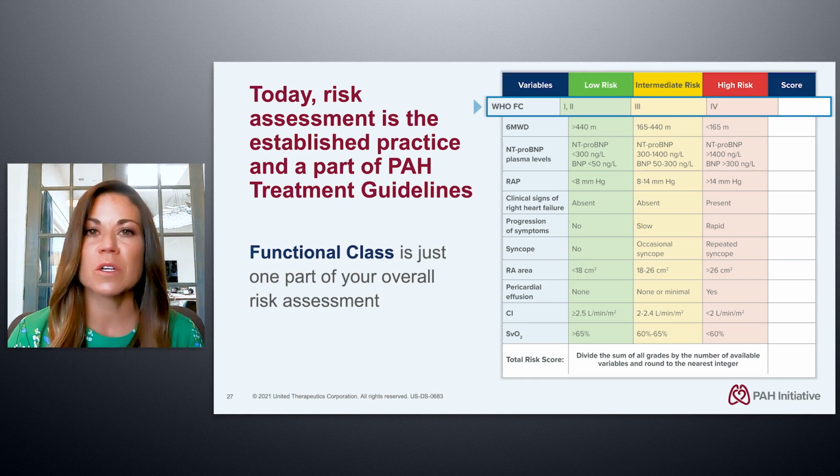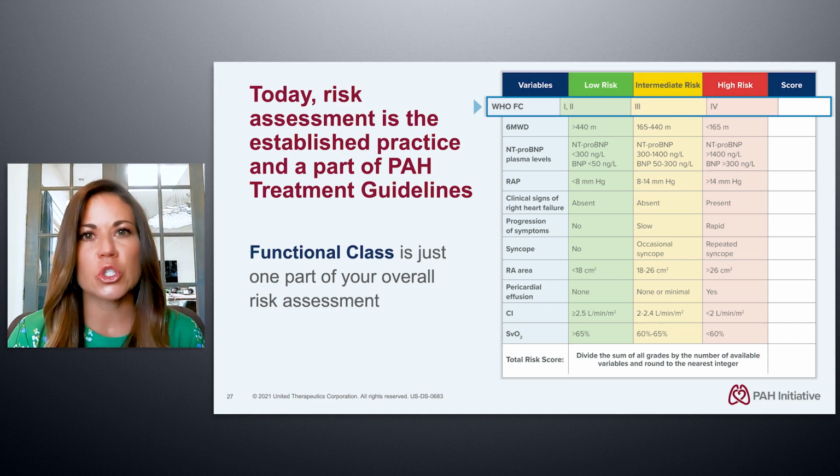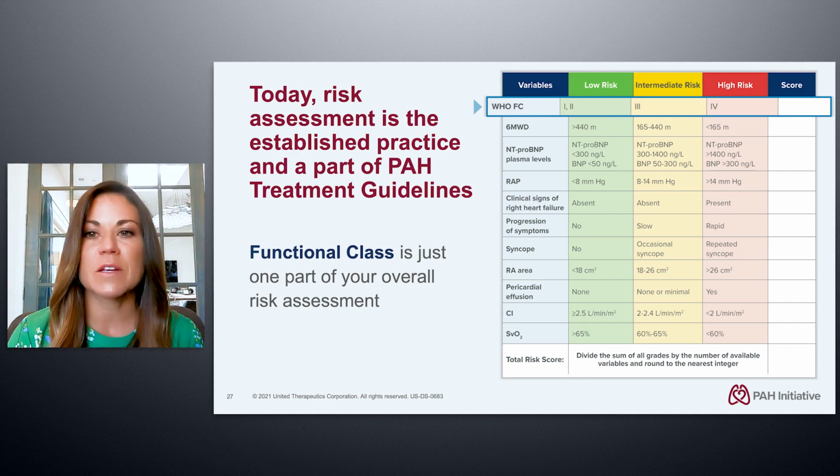And if they're a functional class 4, we're a lot more concerned about the symptoms that they're feeling, and that places them in that high risk red zone. As you can see, there are many other factors that go into how we establish what someone's risk status is. But that functional class is something that you provide us so that we're able to classify things correctly.